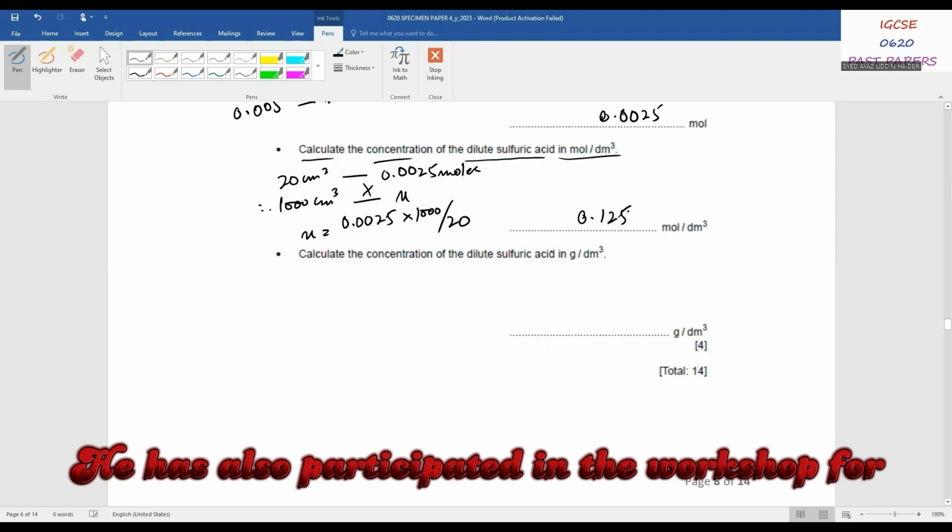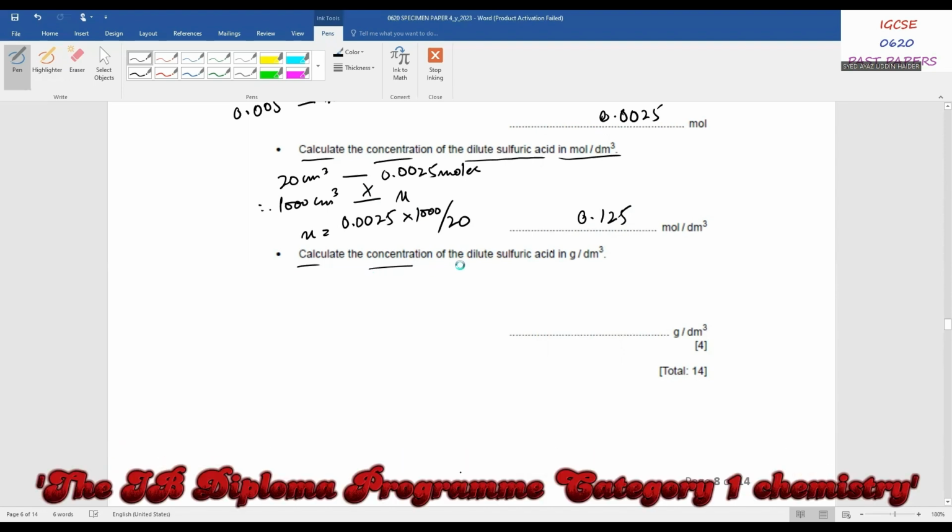Now you got the moles of sulfuric acid. They are asking you to calculate the concentration of dilute sulfuric acid in grams per dm³. Simply you will convert moles into grams. You know the formula?